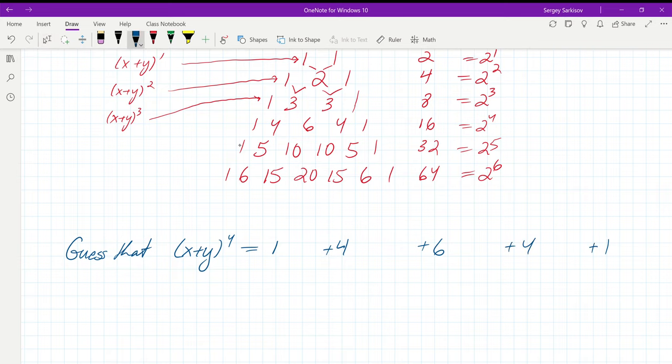Those are the coefficients. So 1x to the fourth, and 4x, you go down in the powers, x cubed y. We haven't done that yet, but that's what's going on. x now squared, but y goes up, y squared. x goes down to just the first power, and y goes up to y cubed, and finally y to the fourth. And that's the guess, and that's actually correct. That's what x plus y to the fourth is.